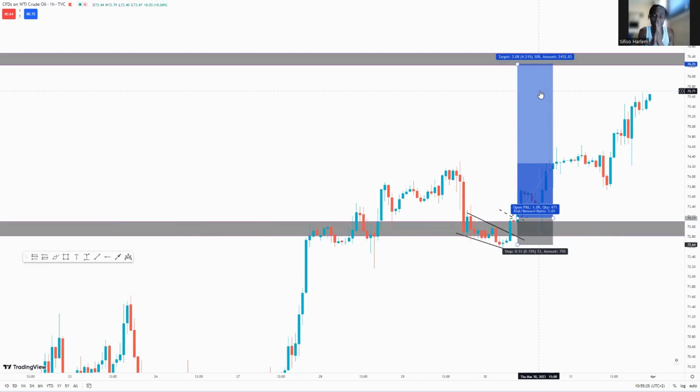If I'm looking to lose 53 pips and I'm willing to gain 300 pips, and it happens that I'm in profit with like 100 pips and price pulls back and takes me out, then let that be it, because I know what I was looking for. Sometimes I do lock my trades. It just depends on what type of trade I'm taking, because I still know that I had some zone which price might react from.